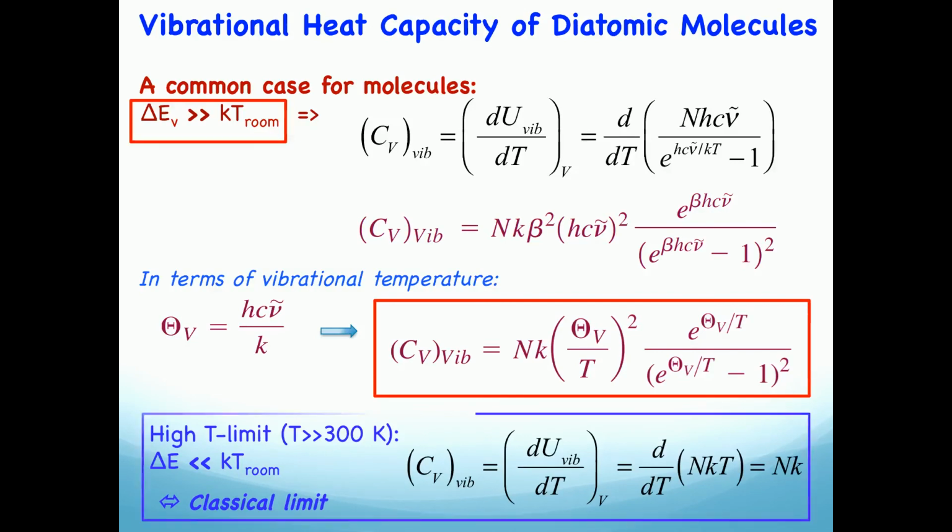It would be just the same as we got for the rotational heat capacity, N k or N R. But again, this is not very applicable because usually you're not in this regime at room temperature, and for more physical cases you have to really do some calculations with this formula.